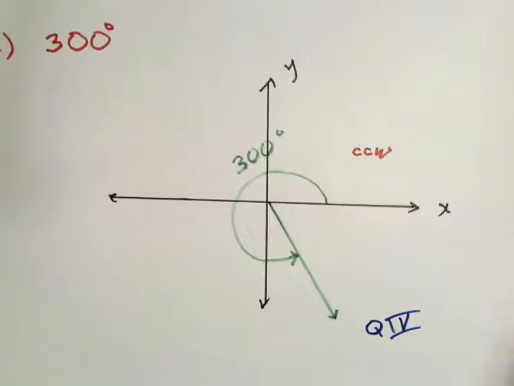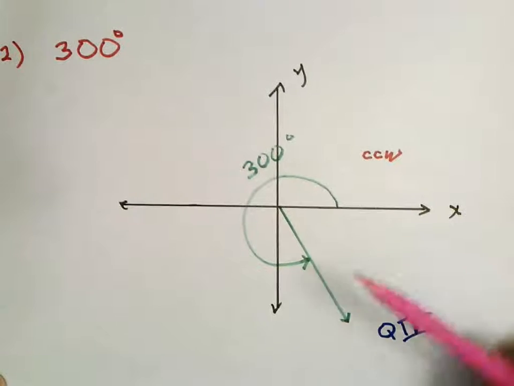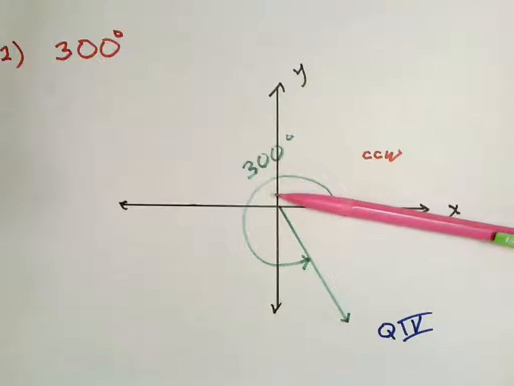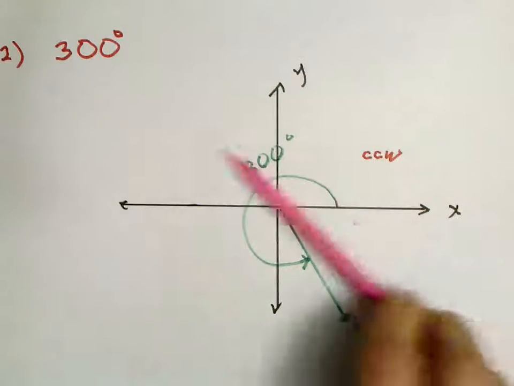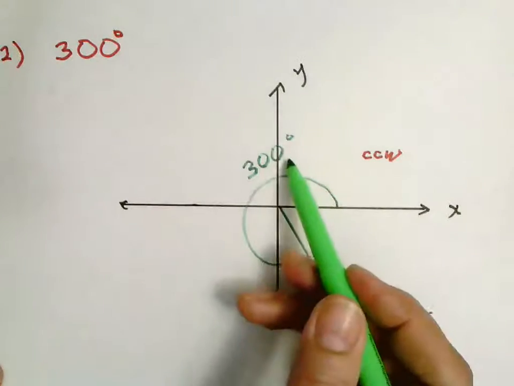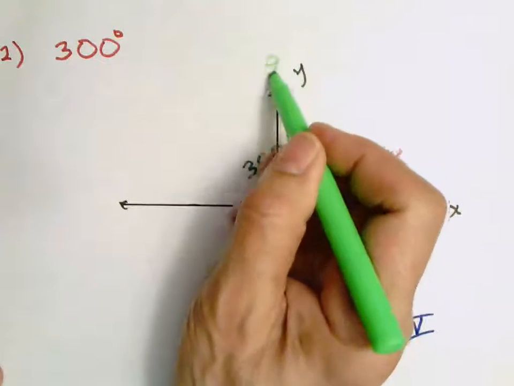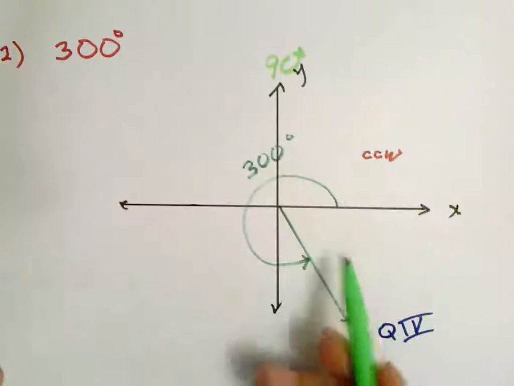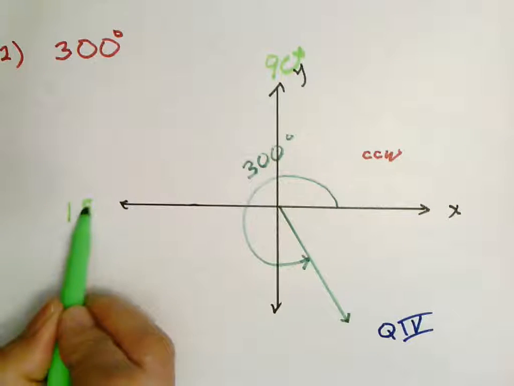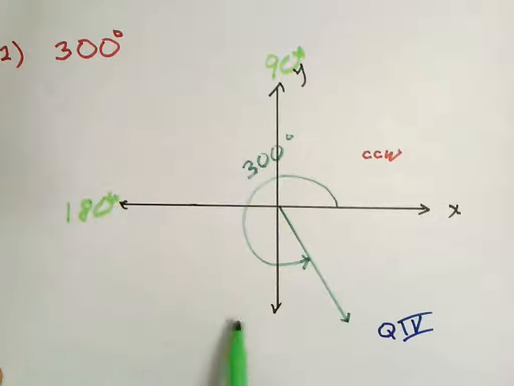Let's look at another example of drawing an angle. This time we're going to be looking at 300 degrees. So here we start at the positive x-axis. And we're going to be going counterclockwise. So remember, going this direction, we have the 90 degrees, then the 180 degrees, then the 270 degrees.